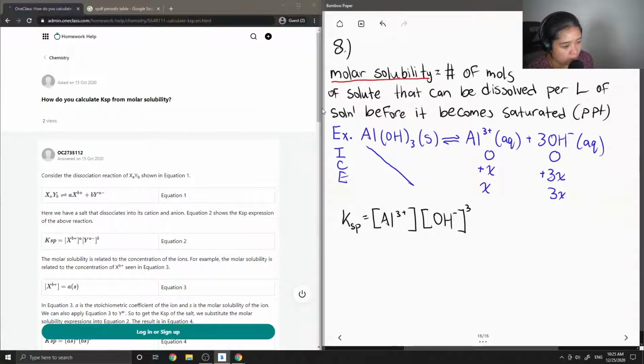So I can also solve for molar solubility by subbing in S as the concentration values. So in the case of the aluminum 3+, I'll just denote it as S. But for the case of the hydroxide, it's going to be 3s, since again there are 3 moles of hydroxide, and this is to the power of 3.